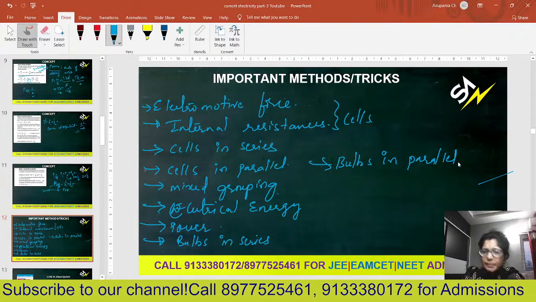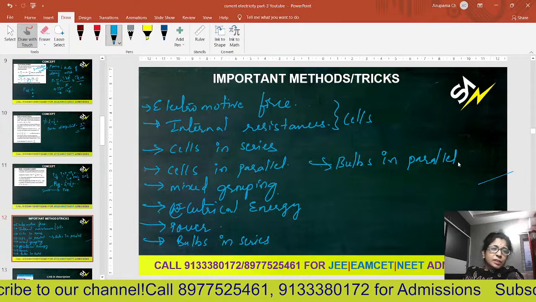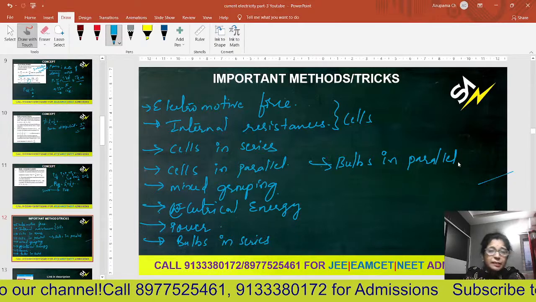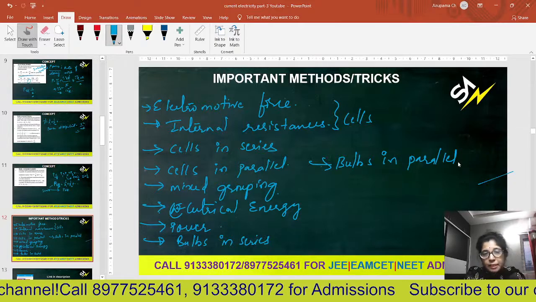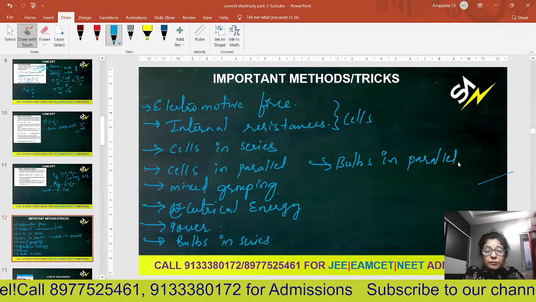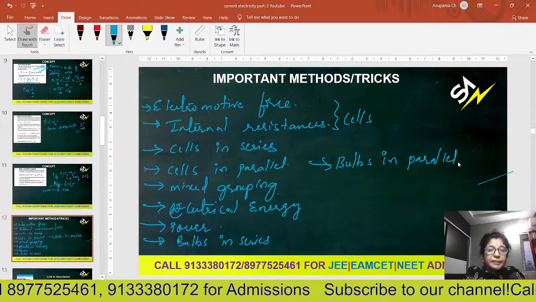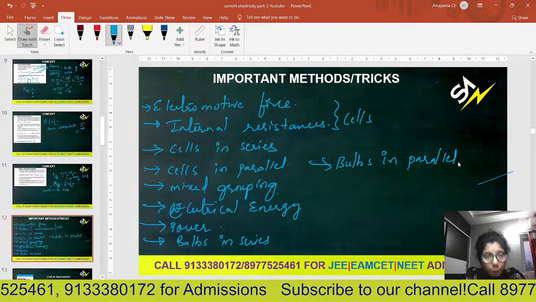But one simple thing I want to tell you is, whenever some concept is completed, please note down the formulas related to the concept in a book.